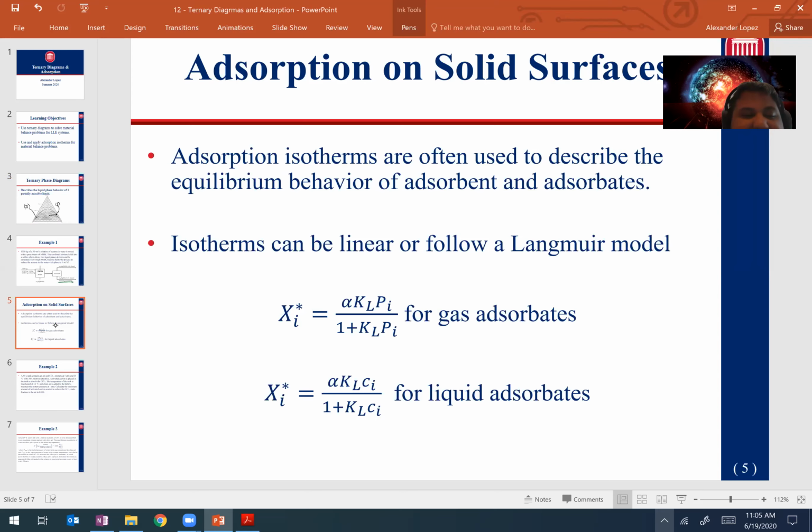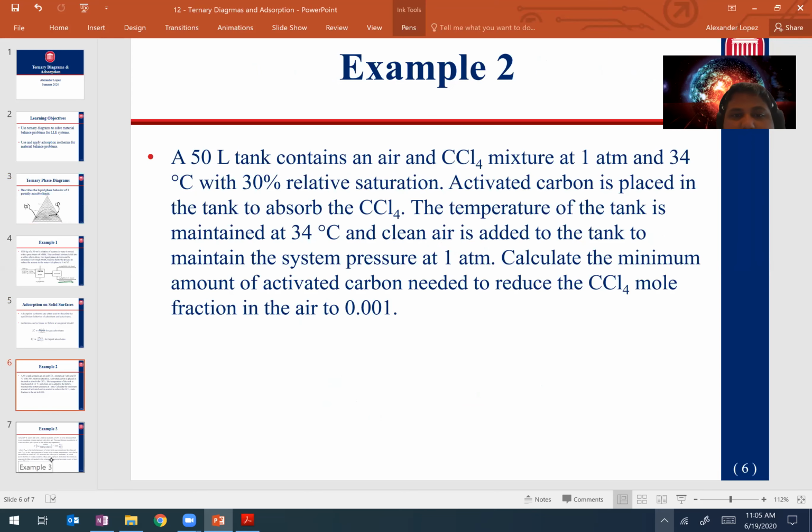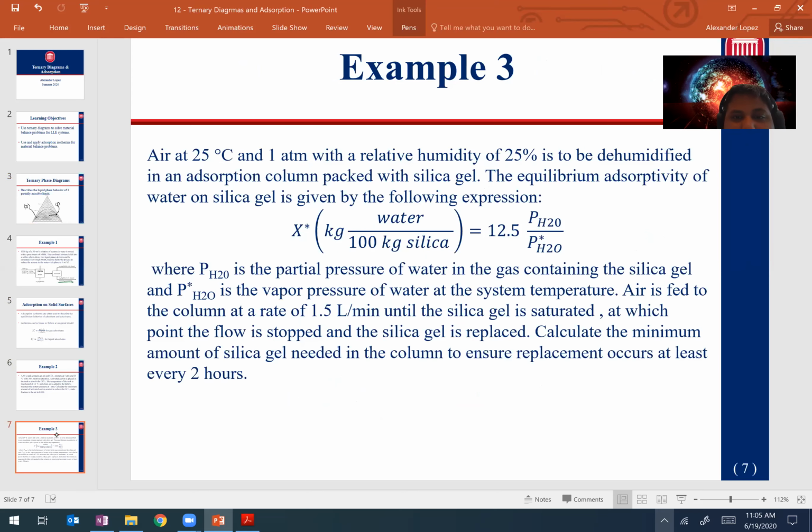I had a couple examples here looking at absorption of various things. I believe one of them's in your book. The second one, I'll go ahead and I'll make a note to post the solution on Blackboard, and I'll send an email when I do. To be honest, I'm not gonna require this in terms of information for the final.